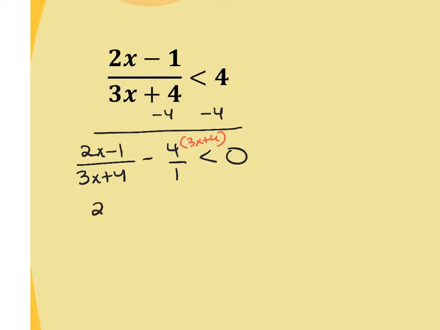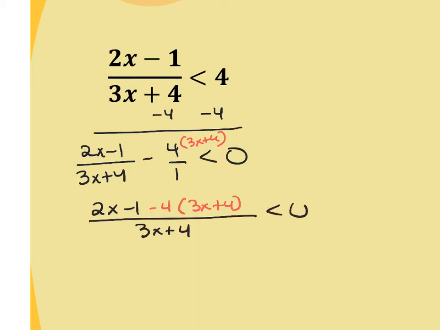So the first one, I'm just going to write it continuous. You could do it separately like I did the other example, but I'm just going to put the -4 and then the 3x plus 4 and then put the same denominator under it. I'm going to distribute the -4.